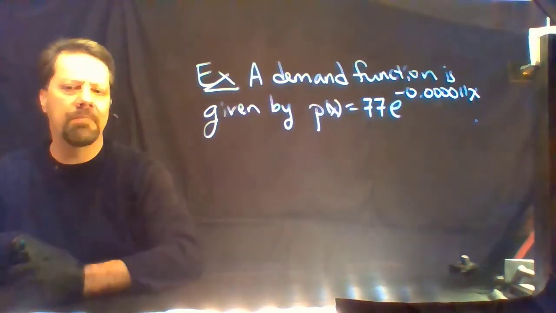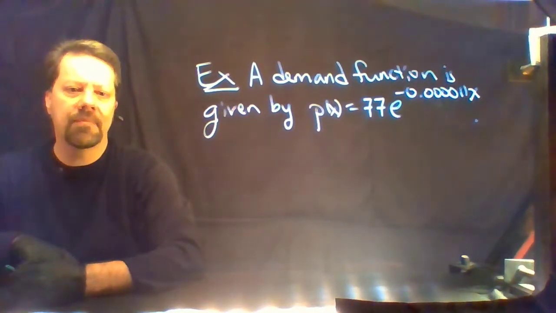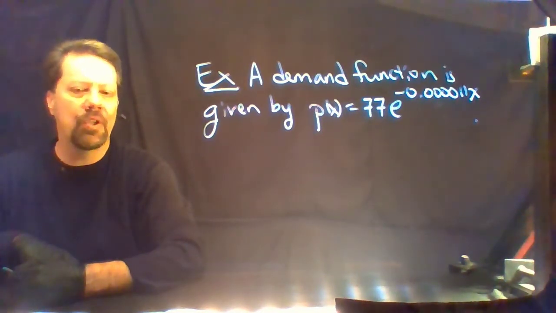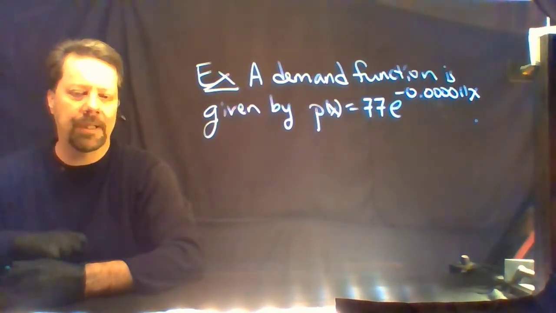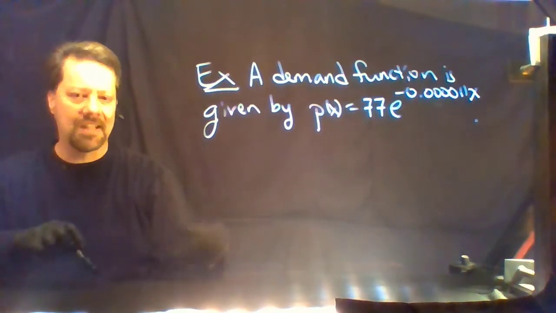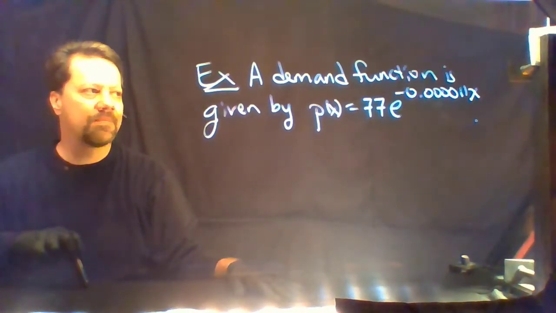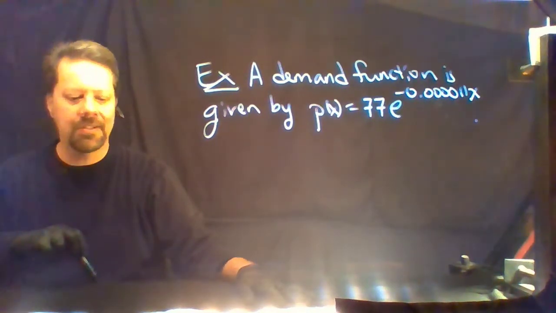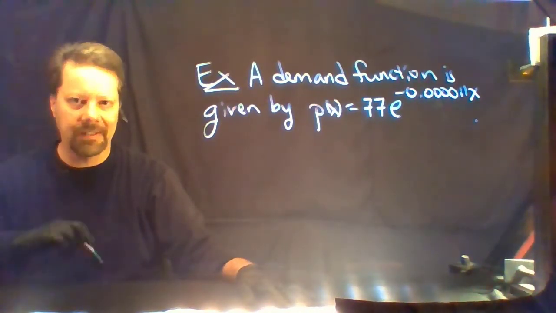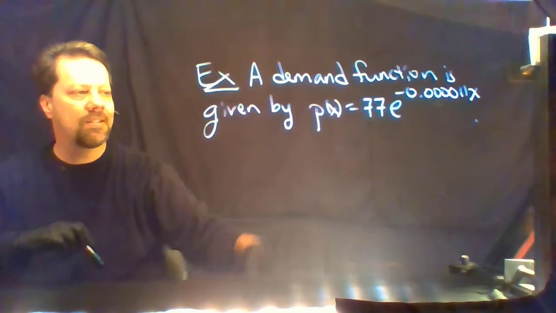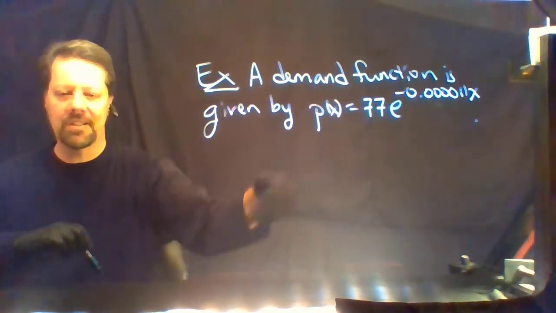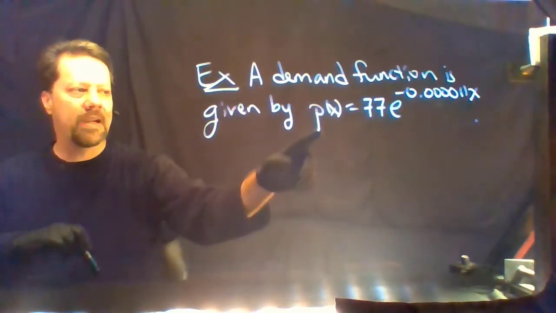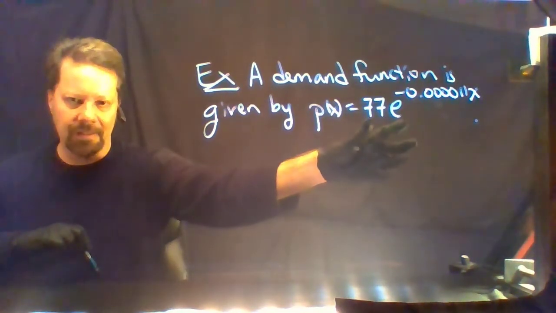A demand function, by the way, is the price per unit at some level of production. X is the number of widgets that have been produced and sold. A widget, by the way, is just a generic name for any product that you wish to sell. So if we've produced X widgets and sold them, the price per widget will be this many dollars per widget.